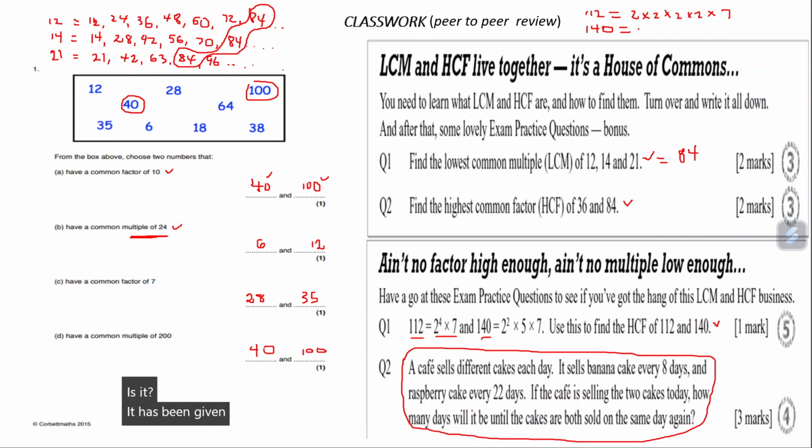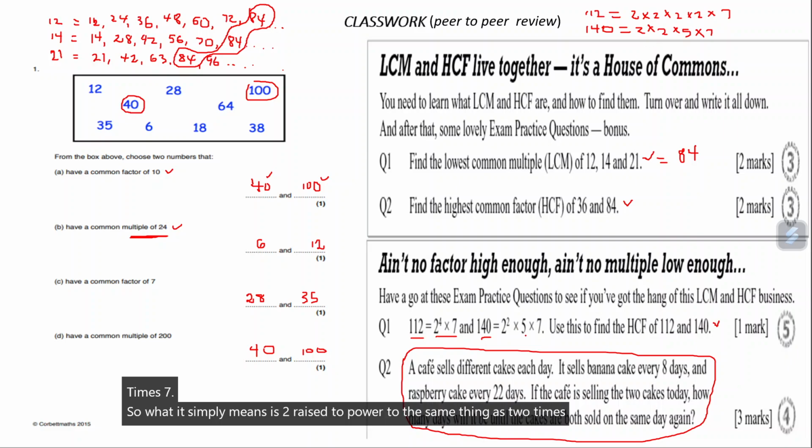So that's 2 times 2 times 5 times 7. So what it simply means is 2 raised to power 2 is the same thing as 2 times 2 times 5 times 7. So we need to look for the HCF.